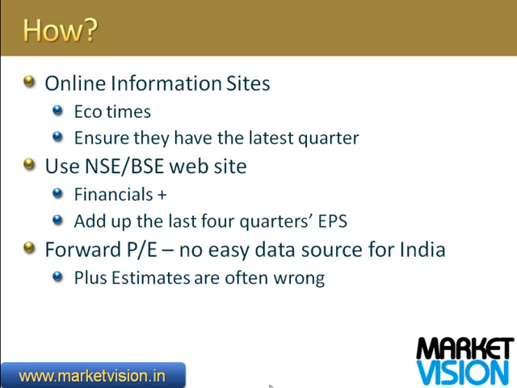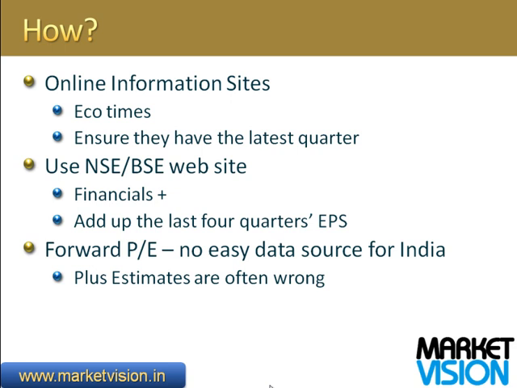In the US you have 30, 40, 100 analysts covering a stock, so you can take a consensus estimate. In India, often estimates are wrong. That's also because companies are not required to reveal a lot of information, so you can't make a reasonably educated guess. Therefore, forward PE figures are not very easily available.